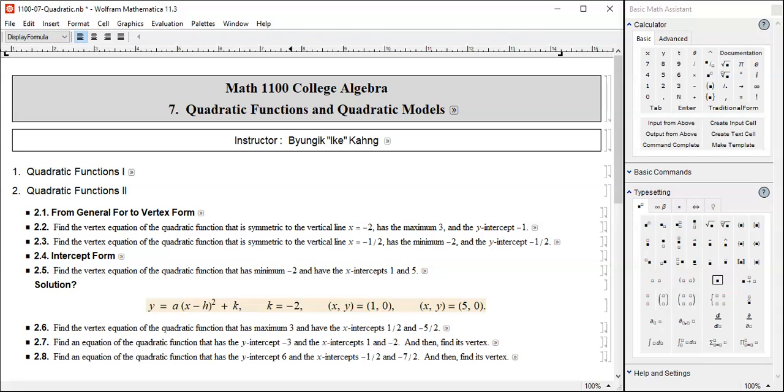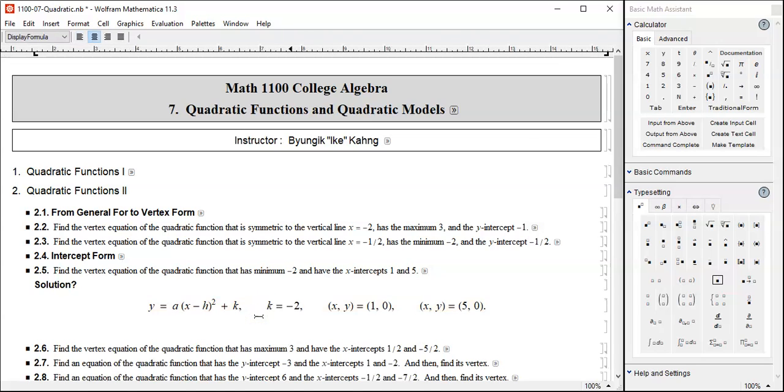So we have 3 pieces of information for 3 parameters to determine: a, h, k. K is already there, that looks good. All right, y equals a times (x minus h) squared minus 2, right?